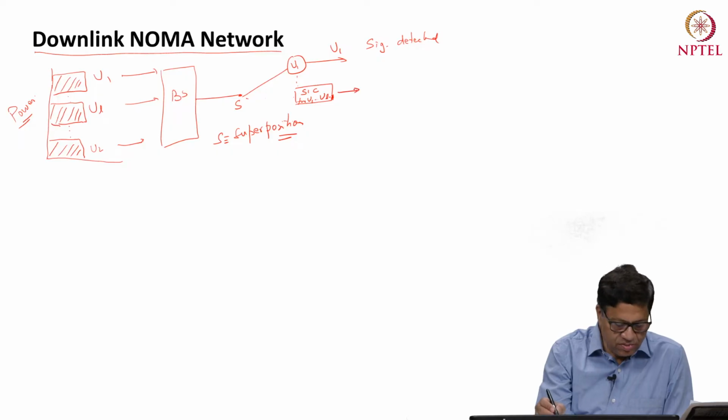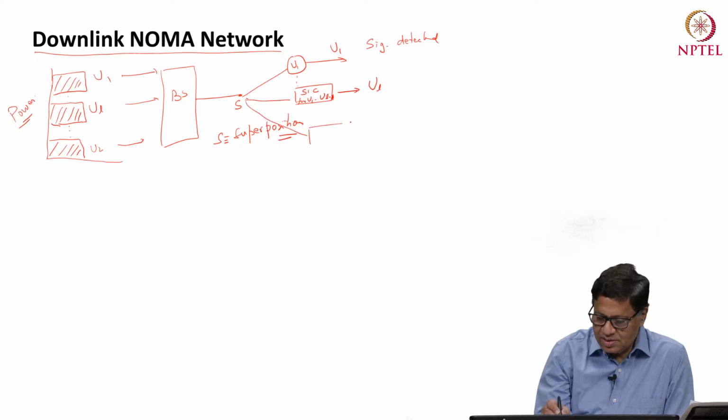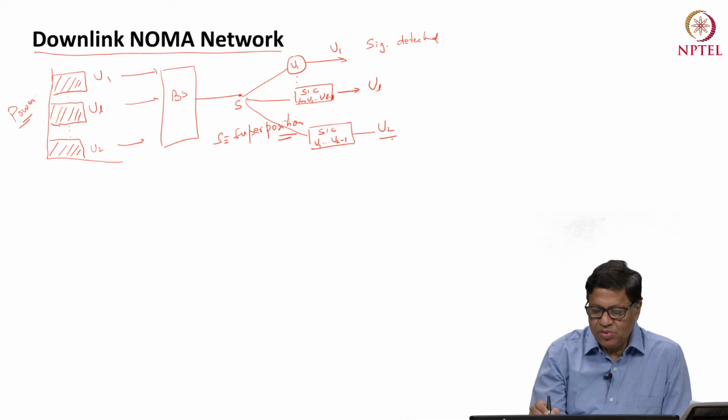So this will give you the lth user signal. And similarly, to get data from the U capital L, you have to do SIC from U1 to UL minus 1. So this is how you extract the data using successive interference cancellation technique.